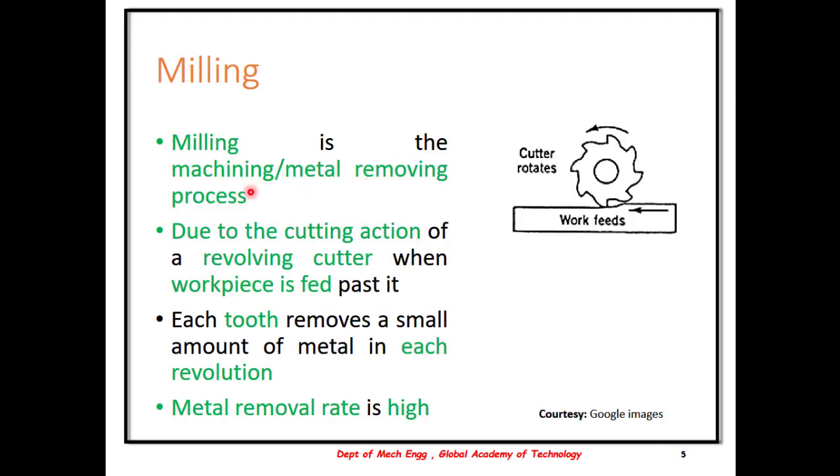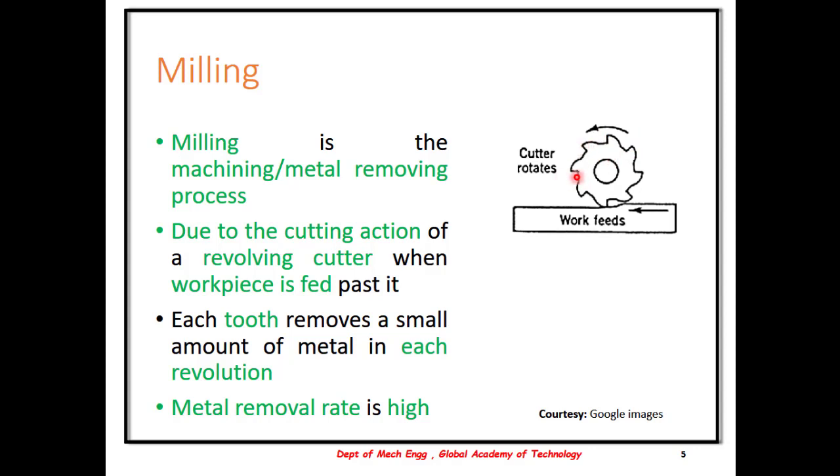Milling is basically a machining or a material removing process. It occurs due to the cutting action of a revolving cutter. There is a cutter which keeps constantly rotating, and when a workpiece or the object that needs to be worked is fed past it, the cutter which is rotating has teeth on it.